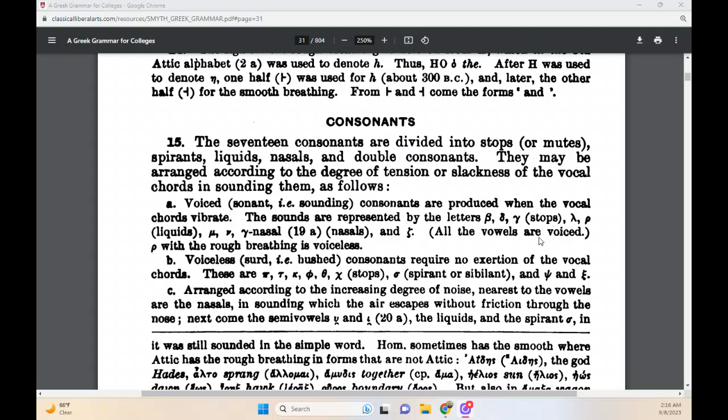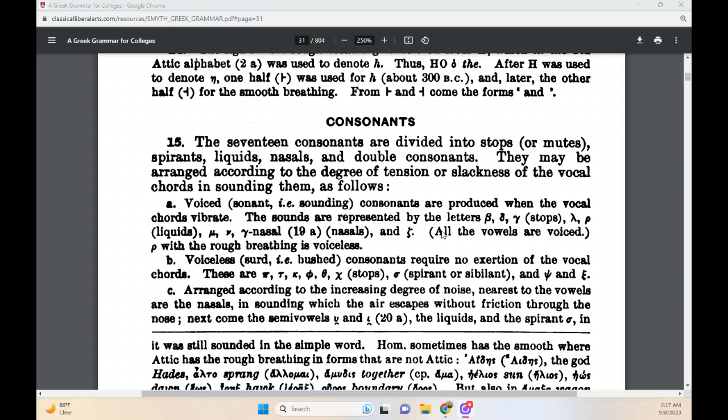And note the note here in parentheses, all the vowels are voiced. The word vowel is an English form of the word vocal, and the word vocal comes from vox, which means voice. So obviously all the vowels are voiced. That's what it means to be a vowel.